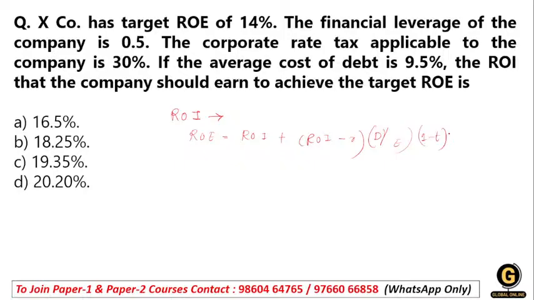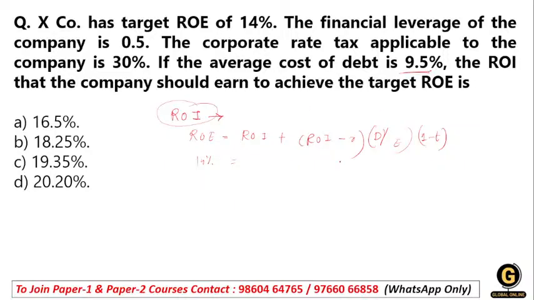Here R is the cost of debt. Now return on equity is 14%, which is given. Then the return on investment is what we need to find out, ROI. Now R, the cost of debt, is 9.5%.